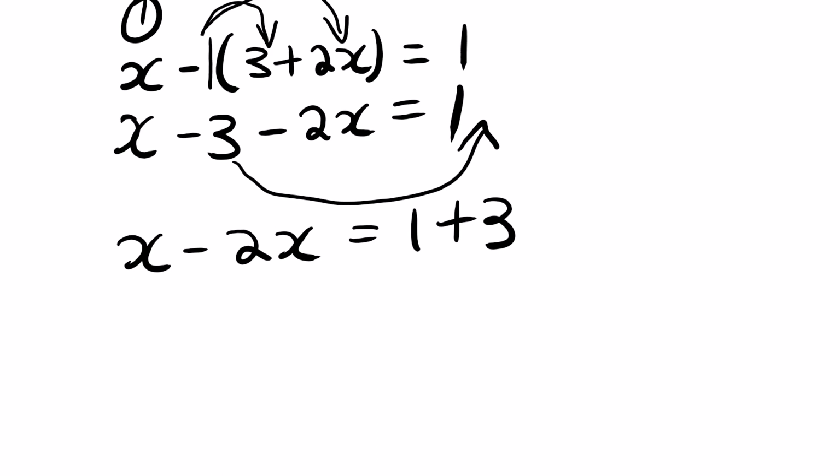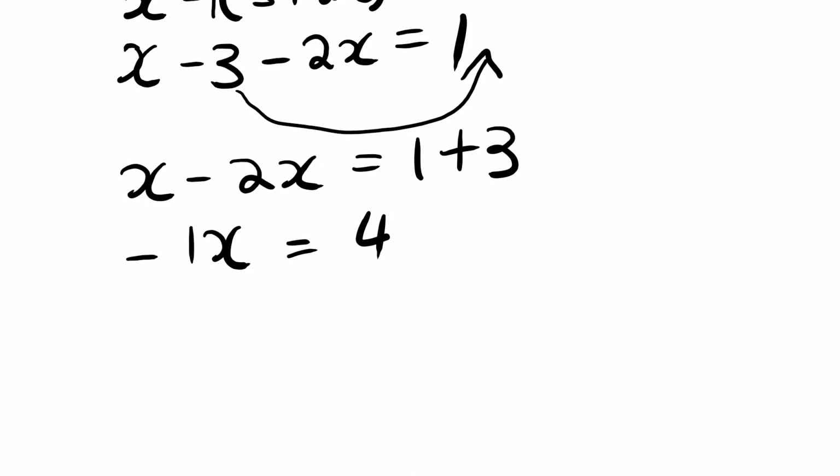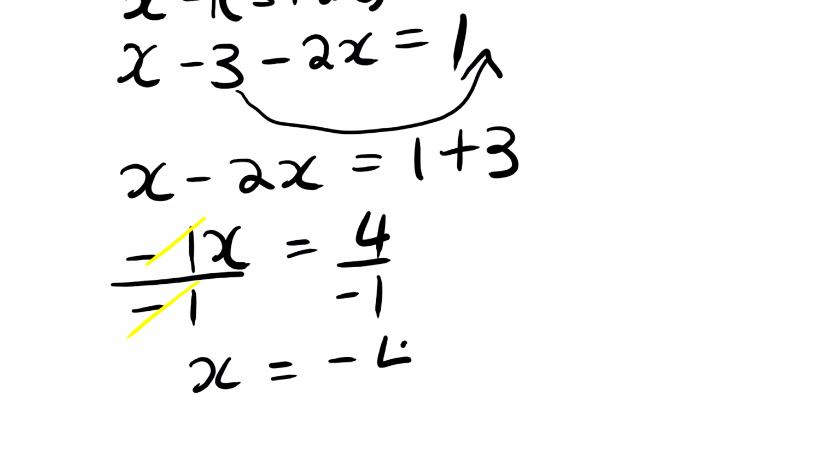Negative 1x is equals to 1 plus 3 is 4. Now how do you remove this negative 1? We divide both sides by negative 1. Now you can see that this will result into positive 1 multiplied by x, it's x, and then 4 divided by negative 1, it's negative 4.